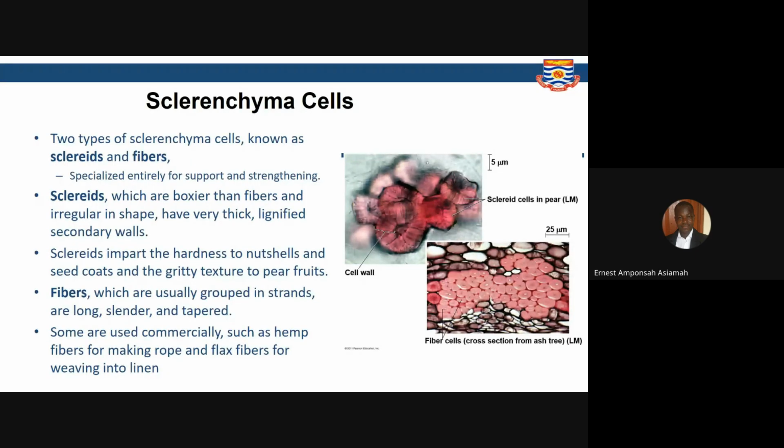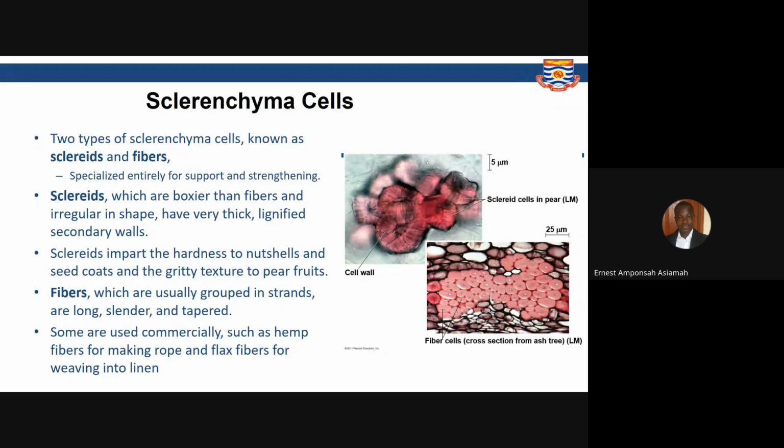Then we have fibers. Fibers are usually grouped into strands, like here. They occur in strands, and they are long, slender, and tapered. And these fibers are very important, and they are used commercially for making rope and sometimes linen.